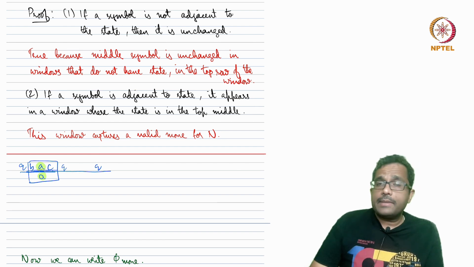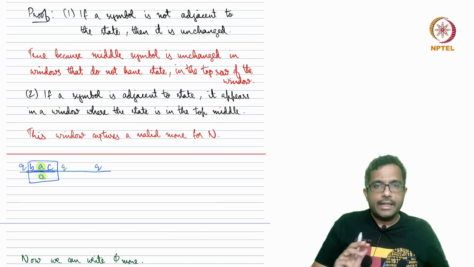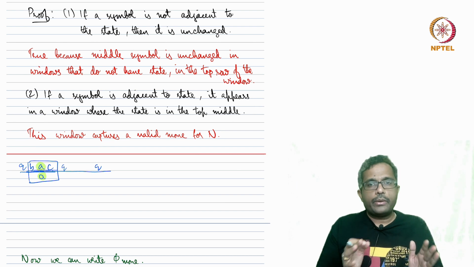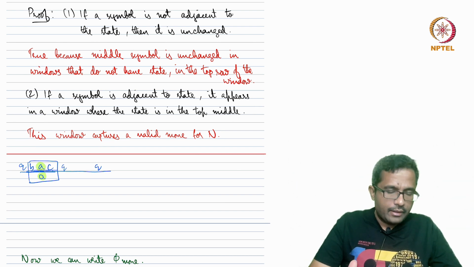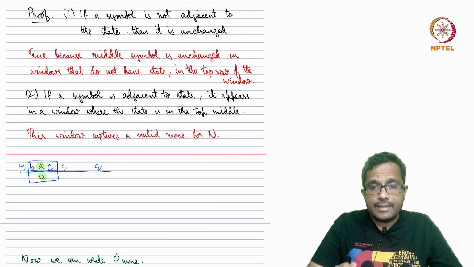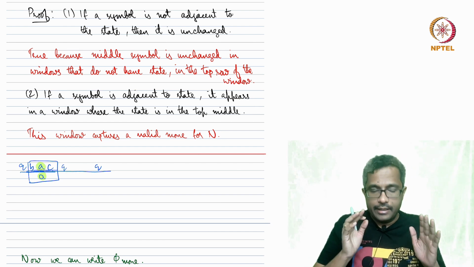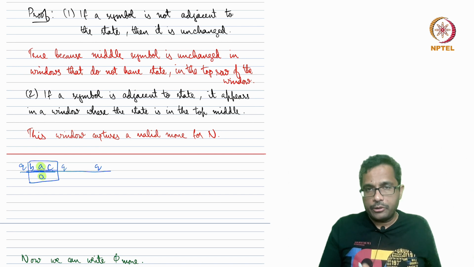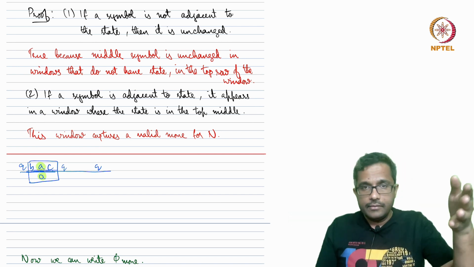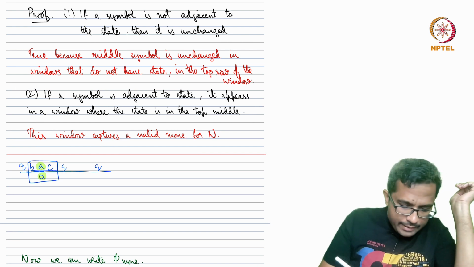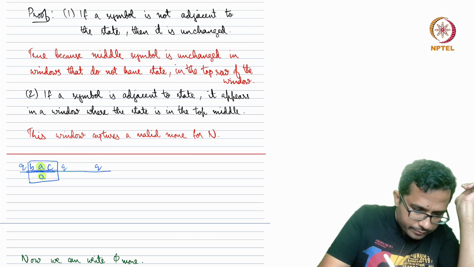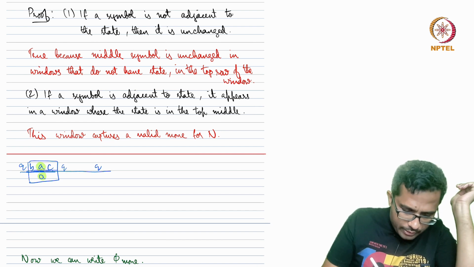Second, suppose a symbol is adjacent to the state, we want to say that it will change in a proper way as per the rules of the Turing machine, right. That is the second thing, right. So if a symbol is adjacent to the state, we want to say it gets modified only according to the rules of the Turing machine. Why is that? Suppose A is adjacent to the state, right.